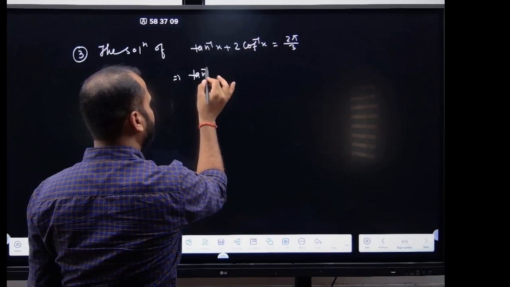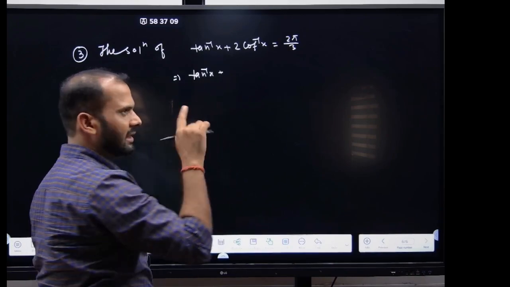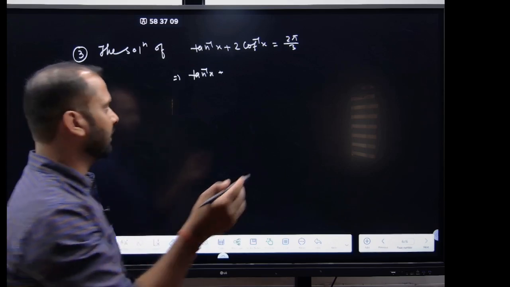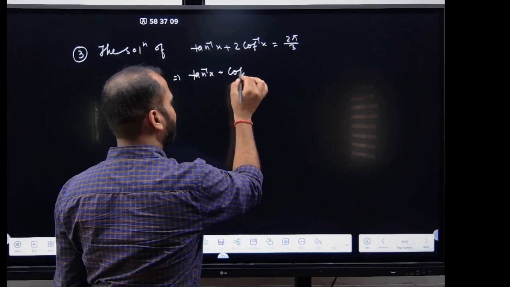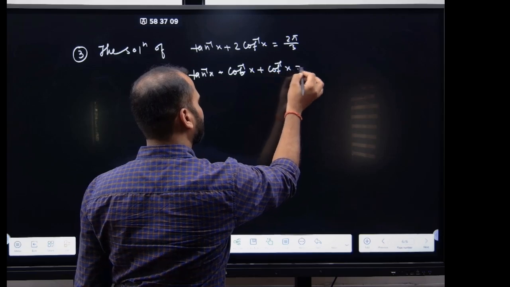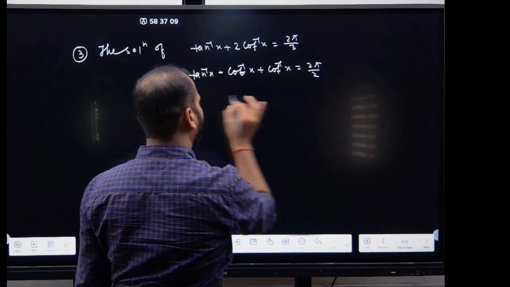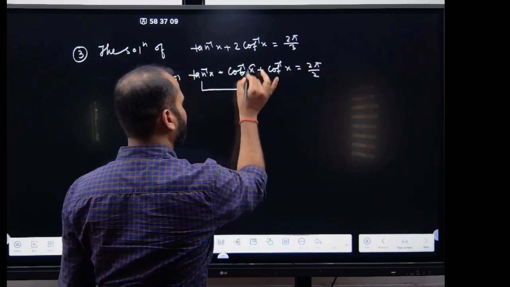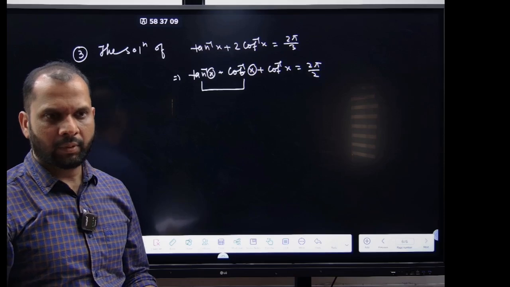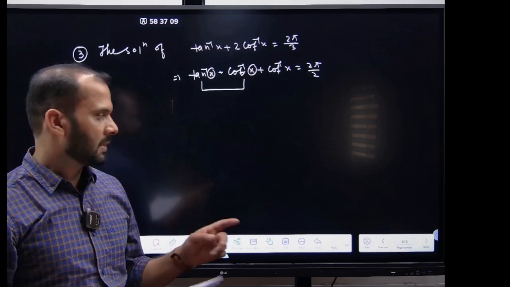Just see how. Tan inverse x. So you think that yes, tan inverse and cot inverse are nothing but complementary of each other, right? One can be converted in terms of the other. So here one formula is there like this: tan inverse x plus cot inverse x. Which formula is there? You tell me, tan inverse x plus cot inverse x. If the angle is the same, what can we say?